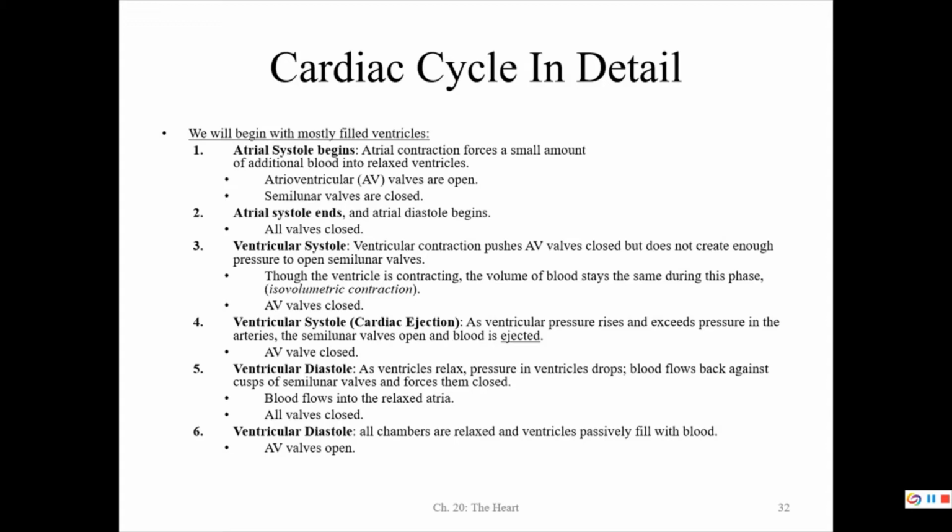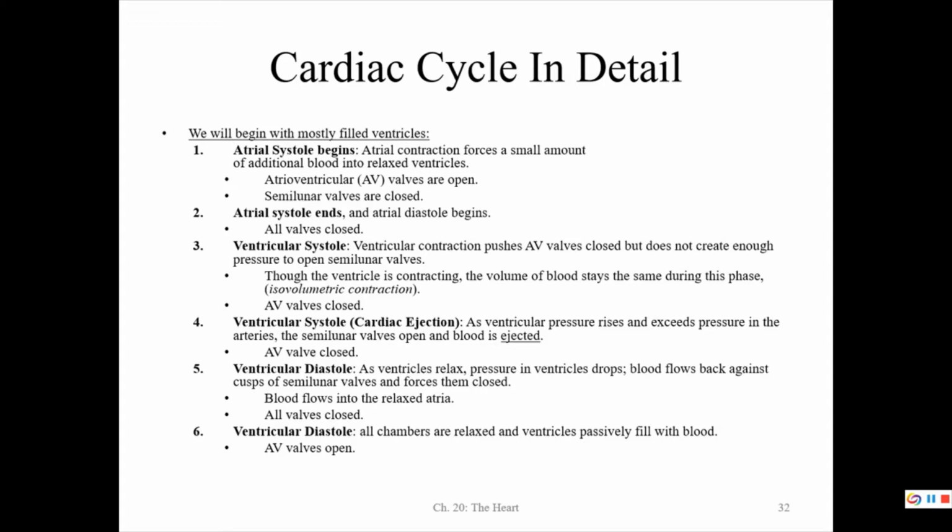Now, what starts to happen is that ventricular systole, remember, is squeezing. The ventricle muscles squeeze, and that pushes the AV valves closed, but there is pressure trying to push against the semilunar valves. Your semilunar valves have blood pushing down on them from the aorta and the pulmonary trunk.